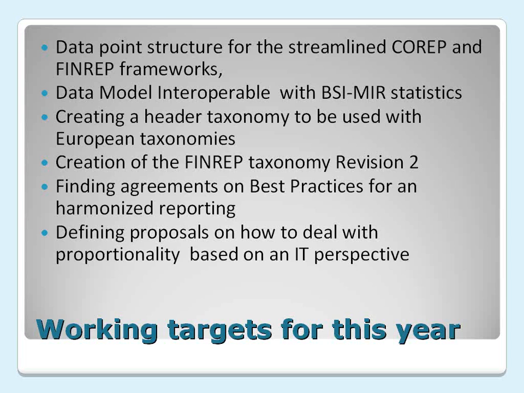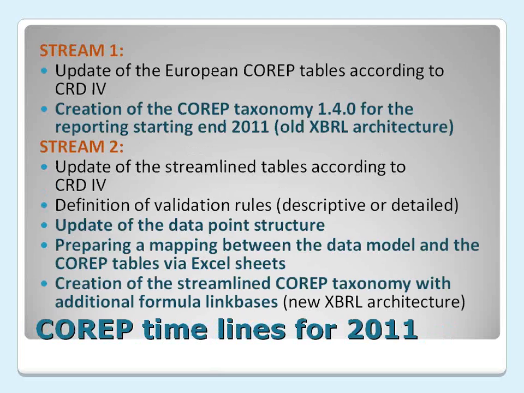On the next slide, there is a timeline for 2011 on core. You see two streams or two tracks. The core team still works, so it's blue, and the other one is black. The black ones are the tasks of the business guys. They are working actually on the revision of the tables for the CLD4, as far as I know.